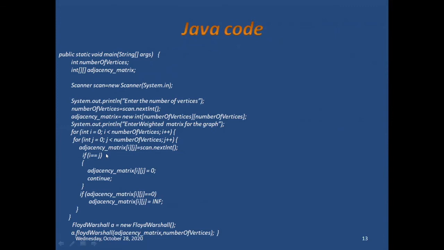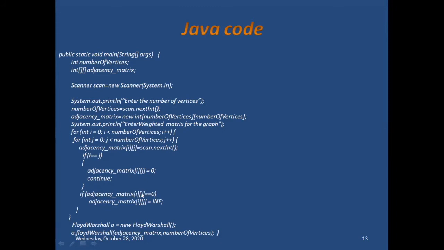If i equals j, meaning the row number and column number are equal, then set zero in the adjacency matrix cell and continue.